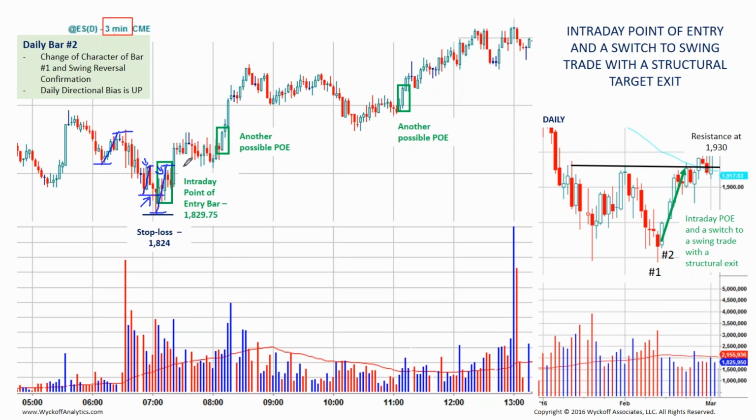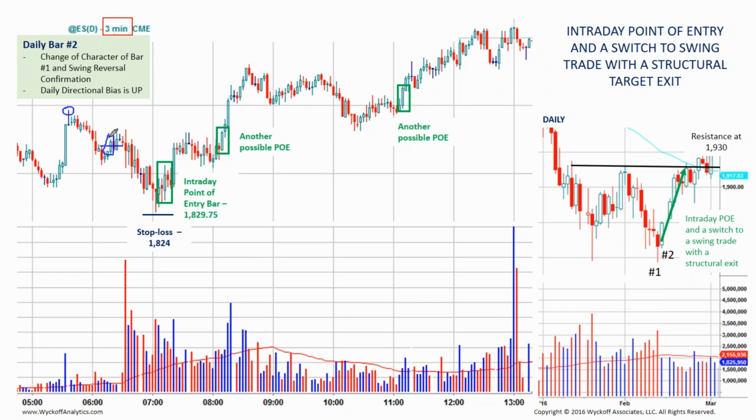So you can also, as a rule on the entries, wait for a change of character first and then a test, especially with some supply coming in. Or another way to deal with this is I'm looking at this as a high point for me, on the swing to the downside, and I see that this has been reversed as well.